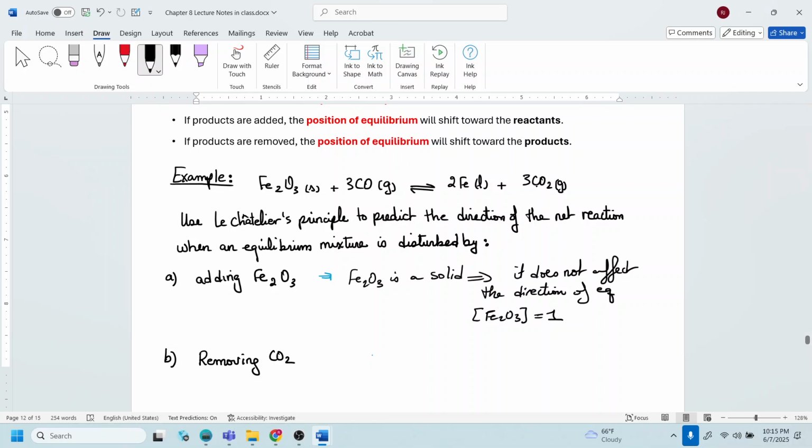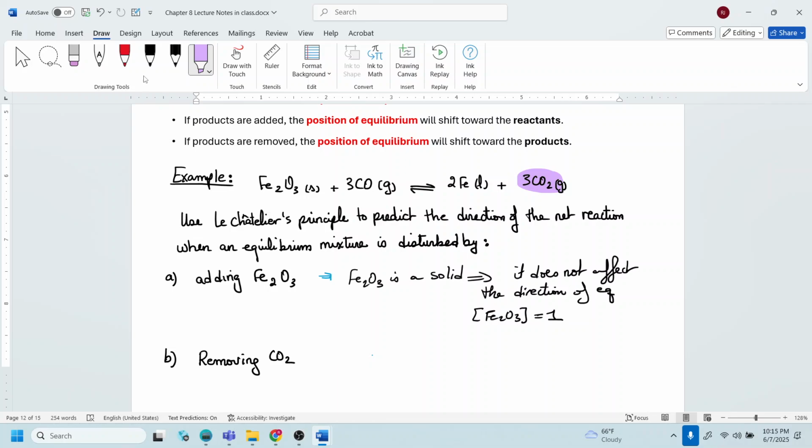Where is carbon dioxide? Carbon dioxide is in the products. So put your hands together again. Removing carbon dioxide, you're going to lower your right hand. So lower your right hand, and your equilibrium is going to go towards the products, pushing to the right.